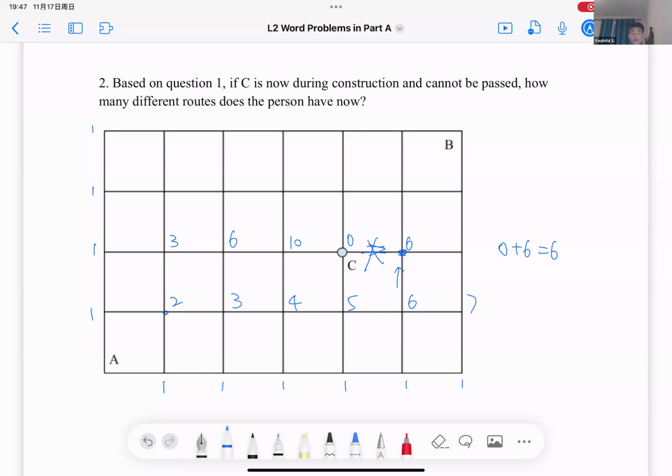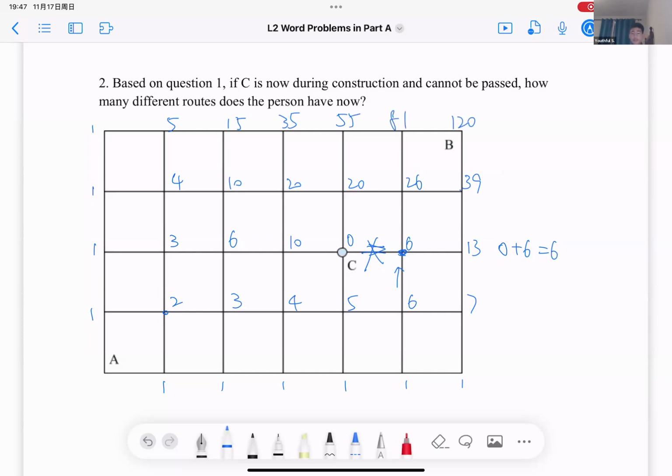So for this point, it's 0, but that doesn't mean you cannot get to the points after it. Basically, we're just adding on the numbers by 0. So this is 6, this is 13. We're just going to do the same thing as before. 4, 10, 20. 20 plus 0 is 20. 26, 39. 5, 15, 35, 55, 81.